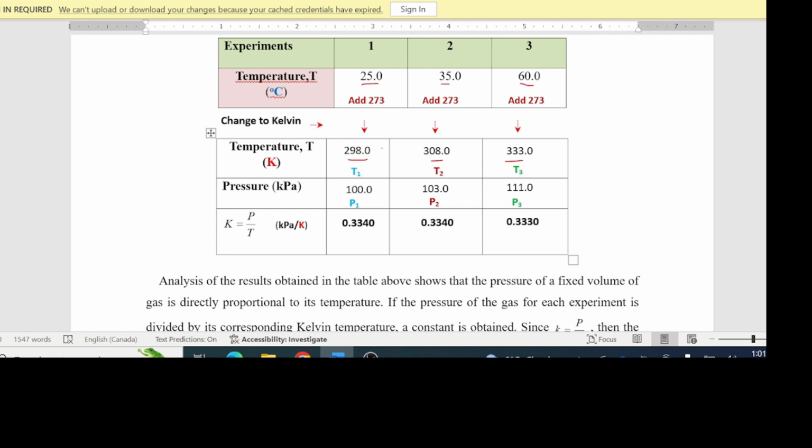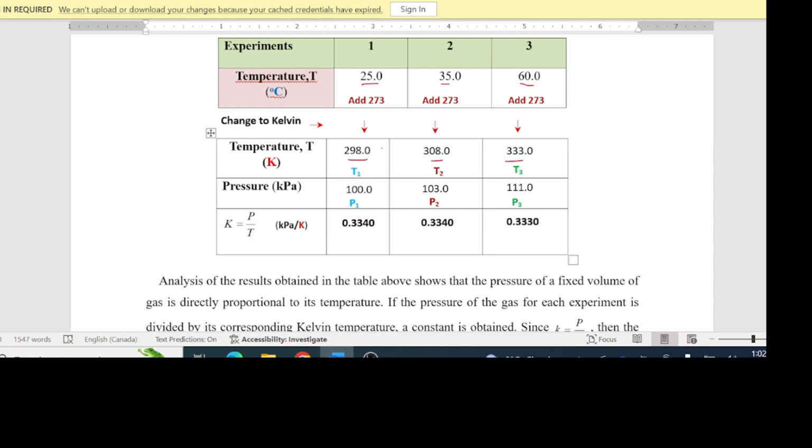We call that P1, and we call that temperature T1. Note how we have to add 273 to change temperature from Celsius to Kelvin, because these relationships will only work well when the temperature is changed from Celsius to Kelvin. So in every case, we added 273, and these are the temperatures with the corresponding pressure.